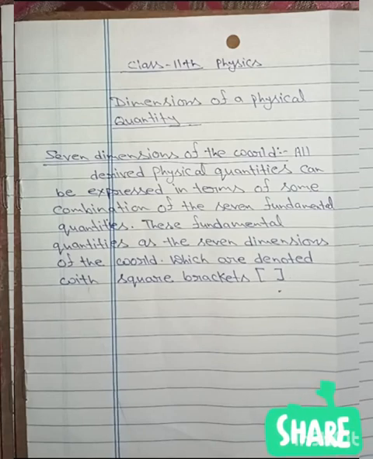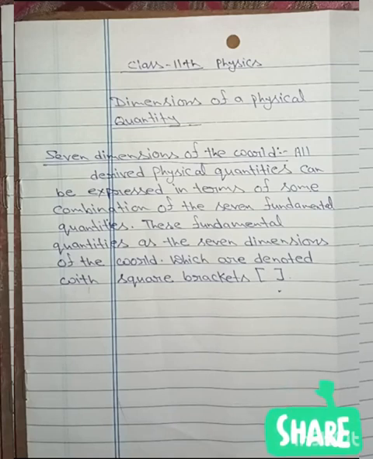These physical quantities are of two types: the first one is fundamental quantities and the second one is derived quantities. Fundamental quantities are independent of other physical quantities and are not usually defined in terms of other physical quantities.